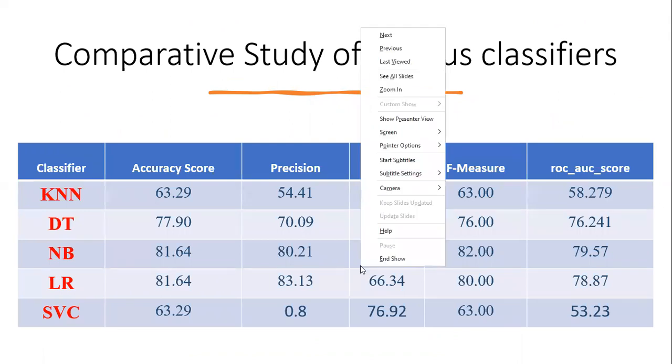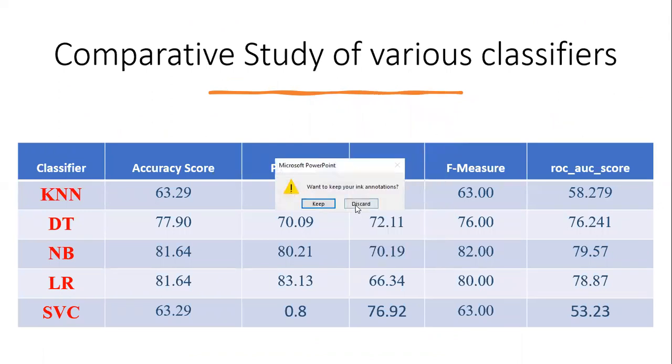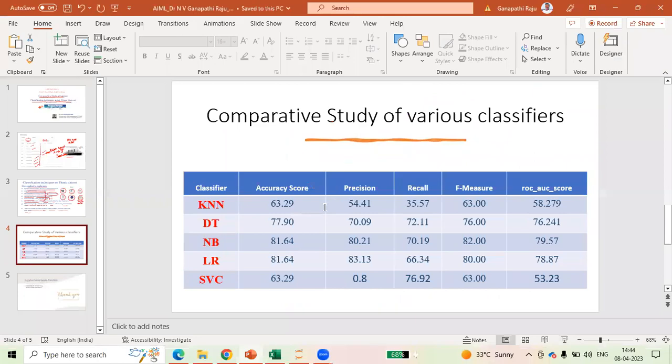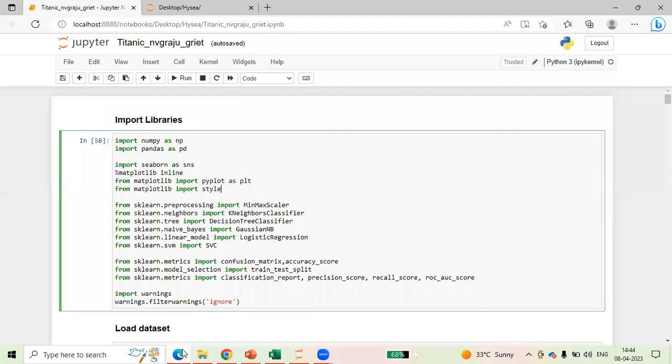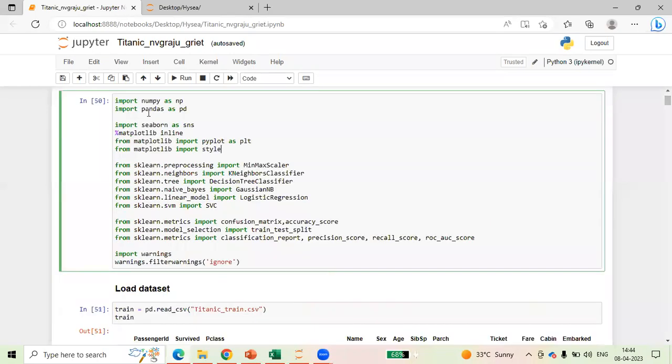Now, before showing the comparative study results, I wanted to show you how I have implemented the case. Initially, I have imported all the libraries: NumPy for numerical applications, Pandas for data analysis, and two visualization libraries, Matplotlib and Seaborn.